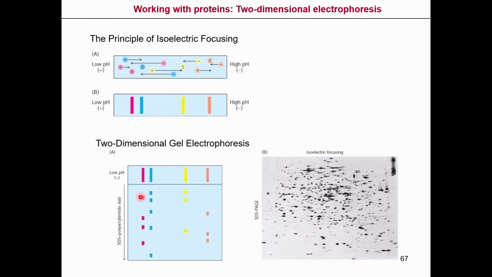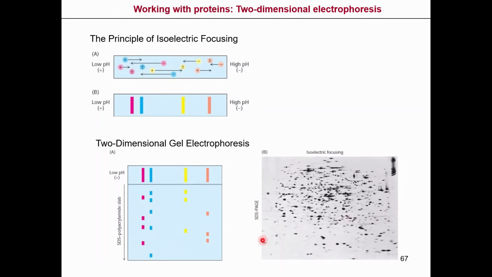After that, you will put an SDS gel, and at this time, you will separate the proteins according to the size. So in the first step, it will be according to the isoelectric point, and in the second step, separate according to the size.